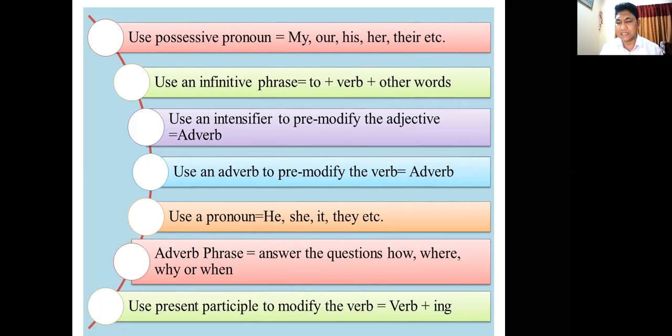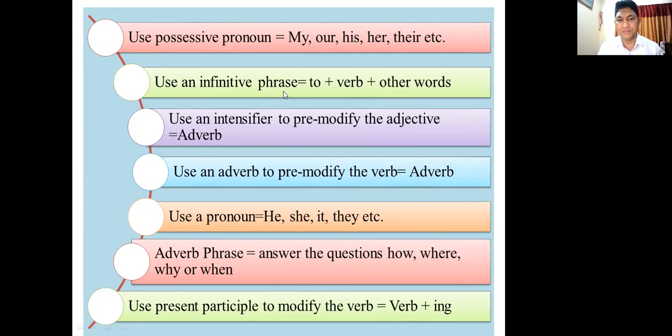If the subject is I, then possessive pronoun will be my. If the subject is we, you have to write the possessive pronoun our. If the subject is he, you have to write his. If the subject is she, you have to write her. If the subject is they, you have to write their. Okay, so you have to write appropriate possessive pronoun according to subject.